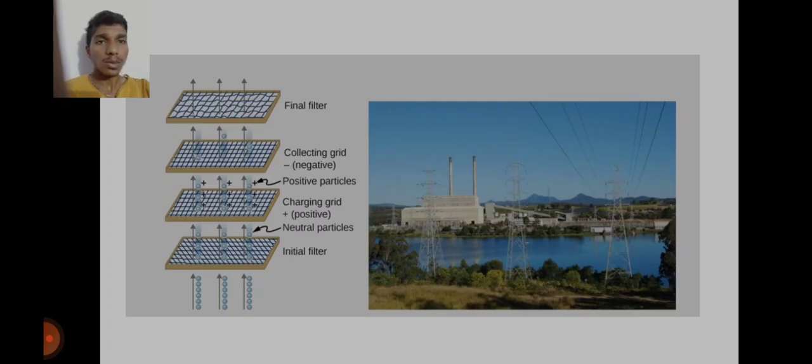This diagram shows the electrostatic precipitator or air cleaner. First the air is blown in, and the initial filter removes neutral particles.